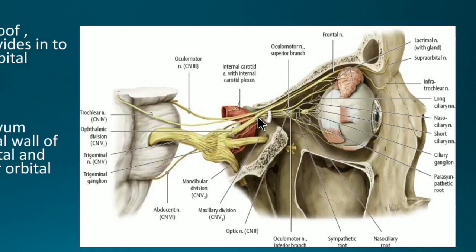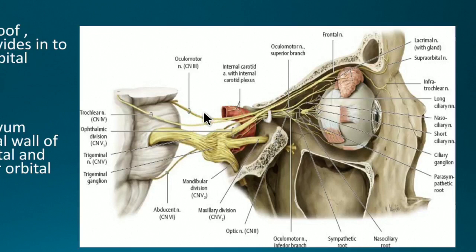Ophthalmic nerve divides into lacrimal, frontal and nasociliary. Okay, lacrimal and frontal will go above the ring, but nasociliary will go between the two divisions of the oculomotor. So don't worry about these relations, because the superior orbital fissure will be again dealt in detail in the orbit topic. Now just remember these details alone.